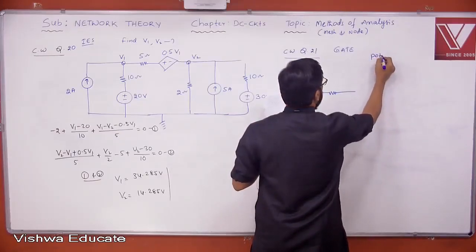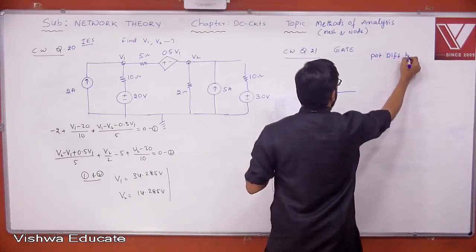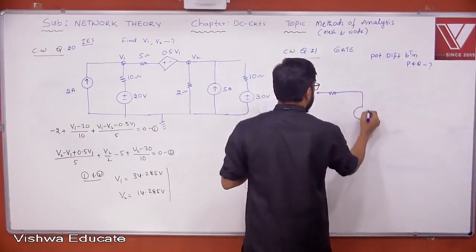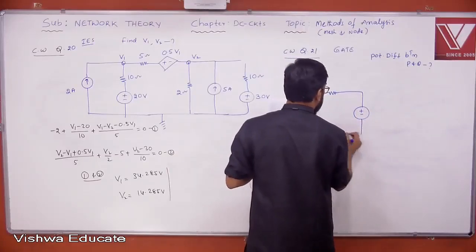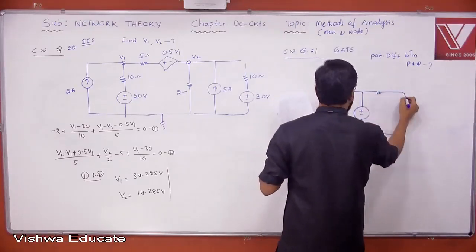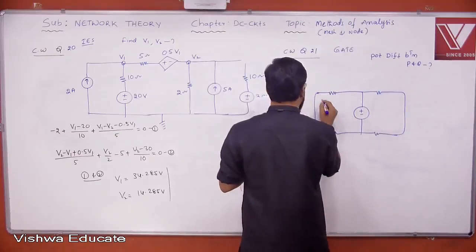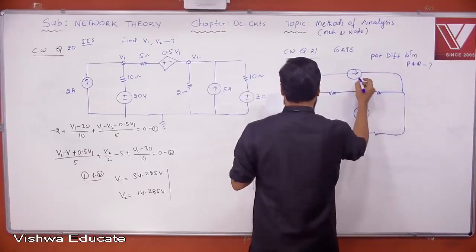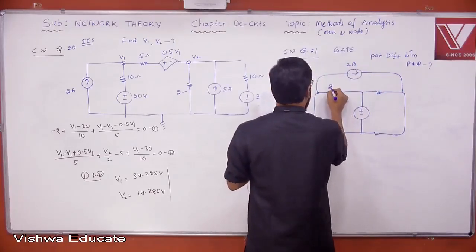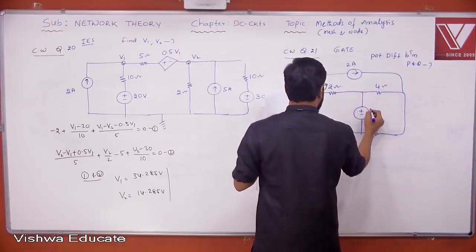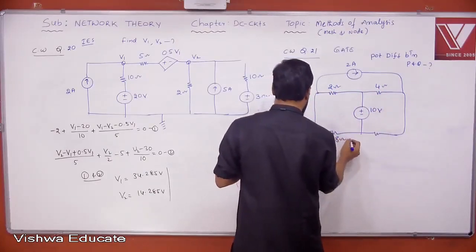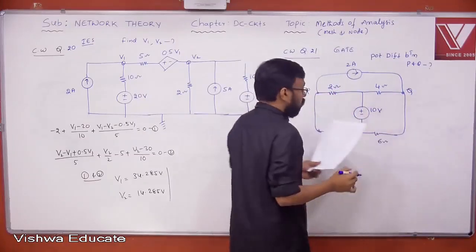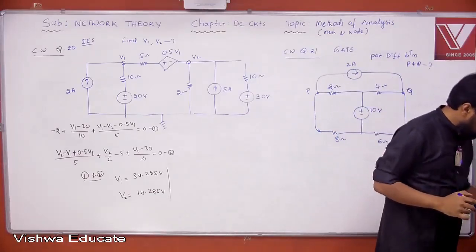The potential difference between P and Q. What is this value? 2 ampere, 2 ohm, 4 ohm, 10 volt, 8 ohm, 6 ohm. This is P, this is Q defined here. Now what is the potential difference between P and Q? Some options are given.